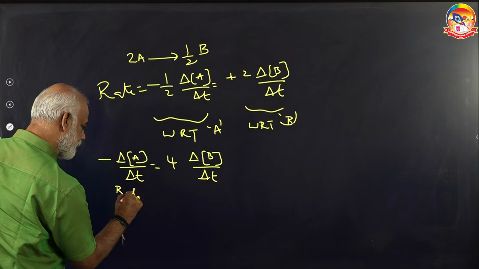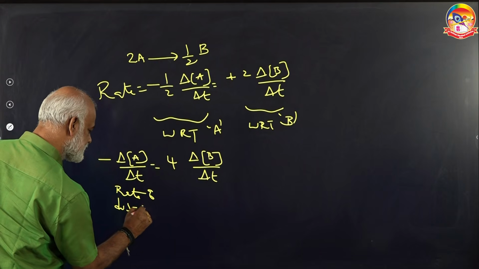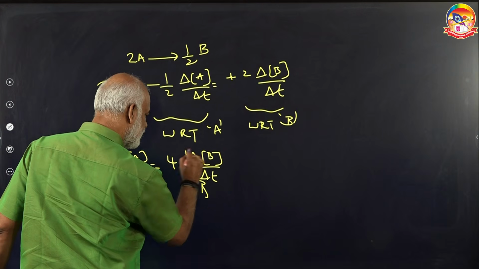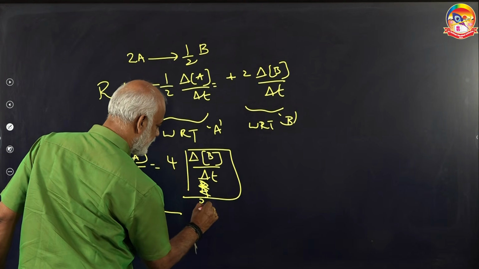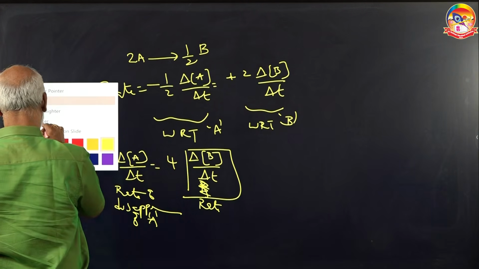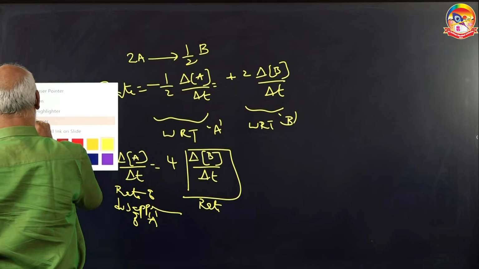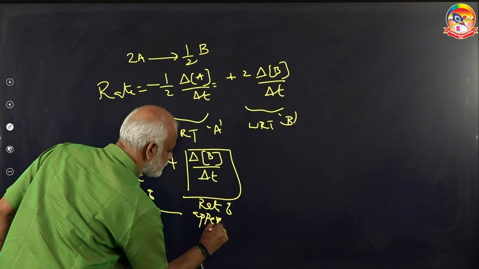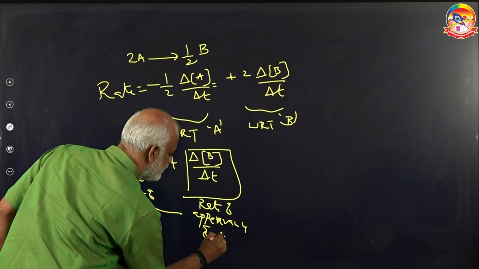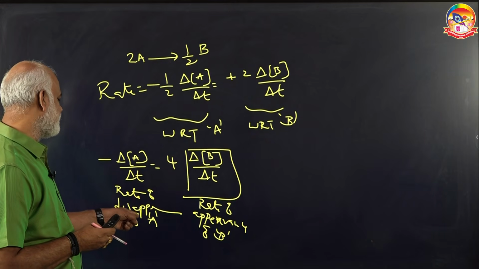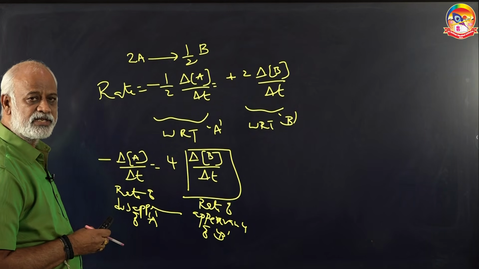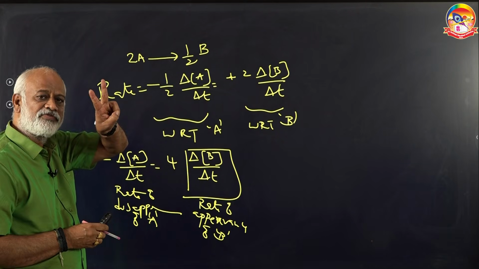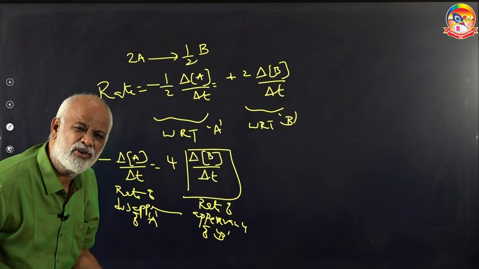The rate of disappearance of A is this, and this is the rate of appearance or formation of B. Now tell me, the rate of disappearance of A is 4 times the rate of appearance of B. You can see very clearly: 2 moles of A are disappearing, only half a mole of B is coming.